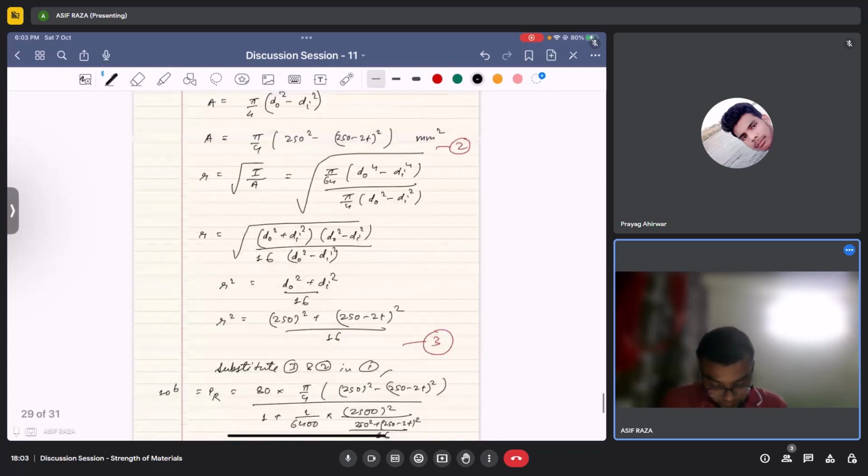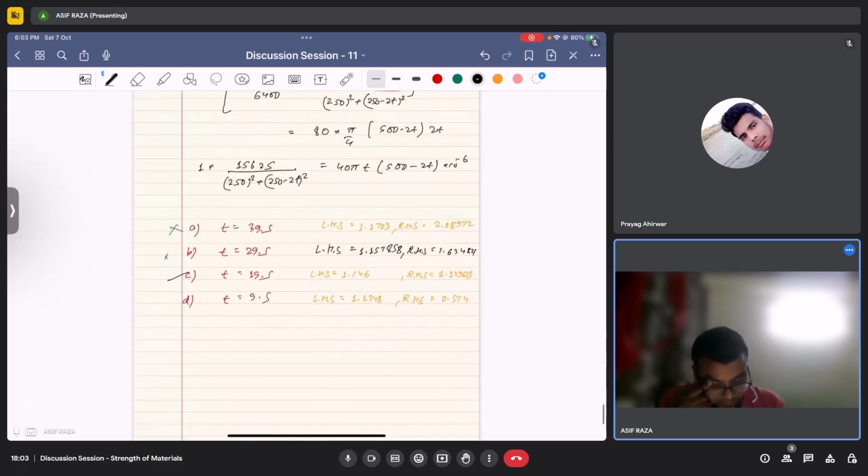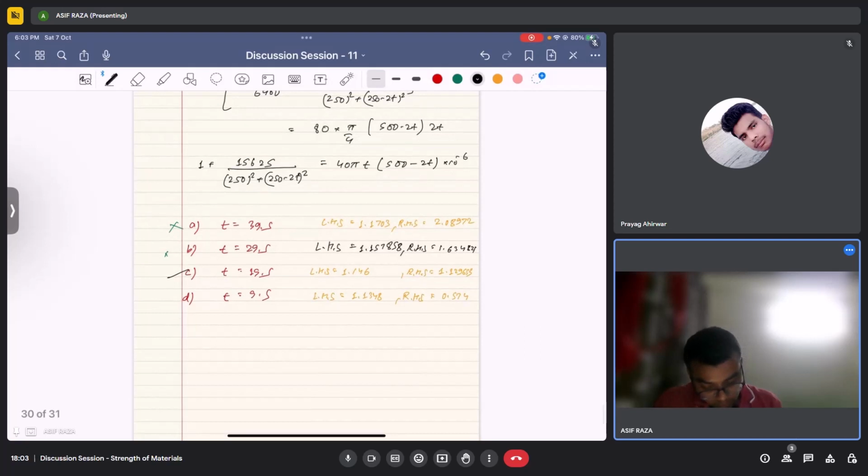So the probable answer is one of these two, and if we see here, it's more, 1.157 and 1.146.